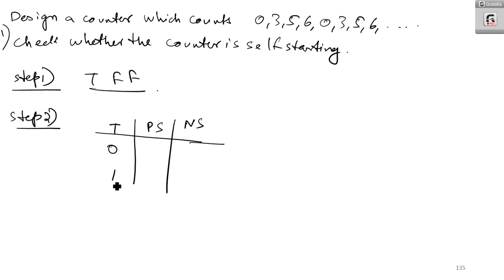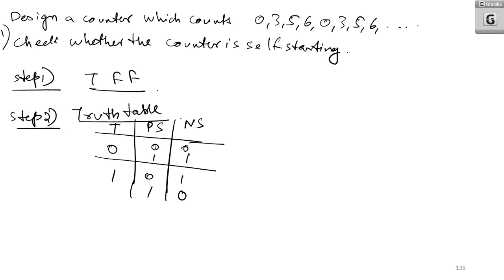If T is equal to 0, whatever is the present state will come as the next state. If T is equal to 1, the complement of the present state will come as the next state. So that is basically the toggle operation. That is the basic truth table or excitation table of the T flip-flop.